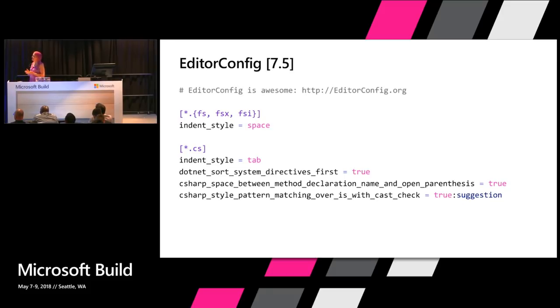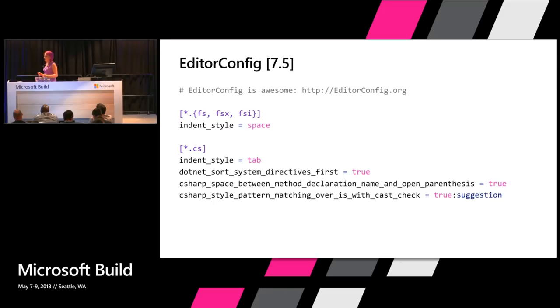Like this one on the screen here is C# style pattern matching over is with cast check. And that's basically if you're using the older style of doing an is Foo type check, then cast it, you can just do the is pattern matching. So is Foo or whatever. And you can turn these on in your EditorConfig.